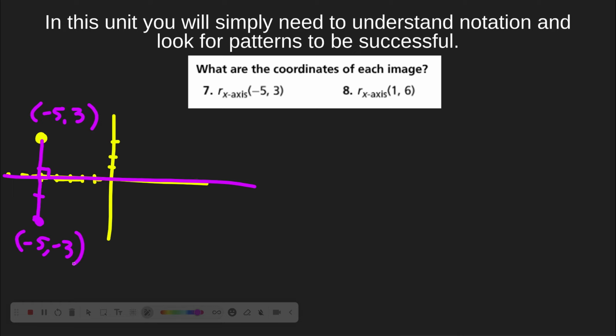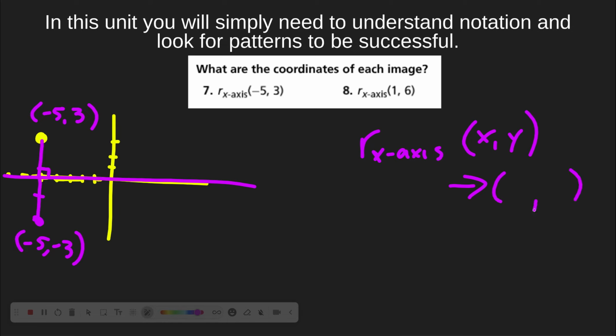And now we can probably just do number 8 without sketching a picture because these rules start to be consistent. So if we reflect something about the x-axis, then the point x, y will turn into what? What's the rule for this? Can anybody come up with the rule?